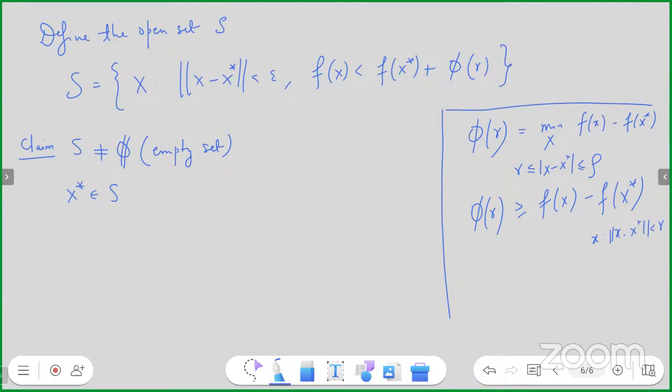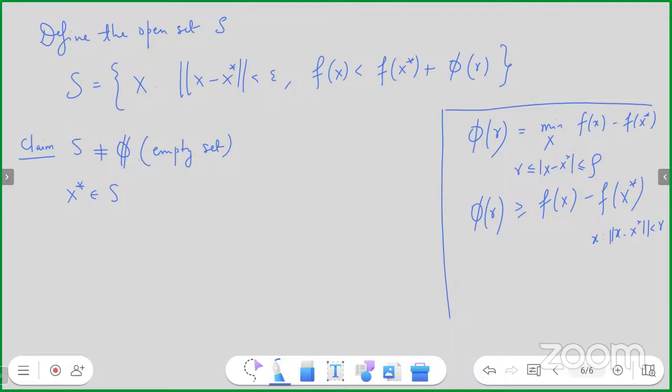Okay. Why is that true? So the equality was satisfied because... But look at the second condition defining S. Interpret it in terms of phi of r directly.